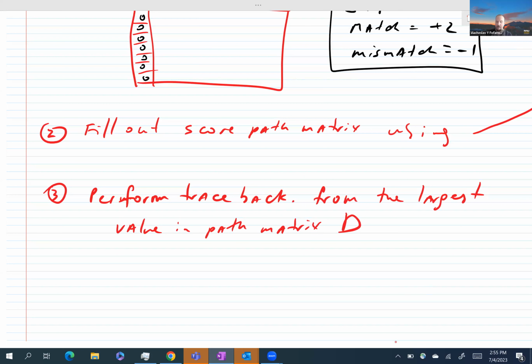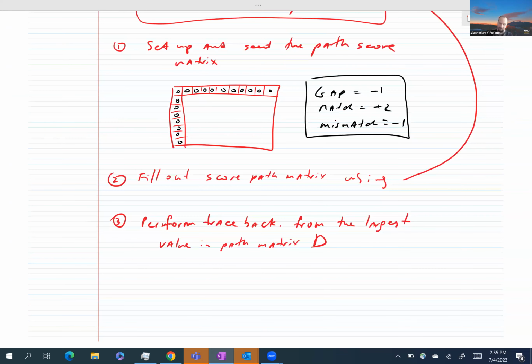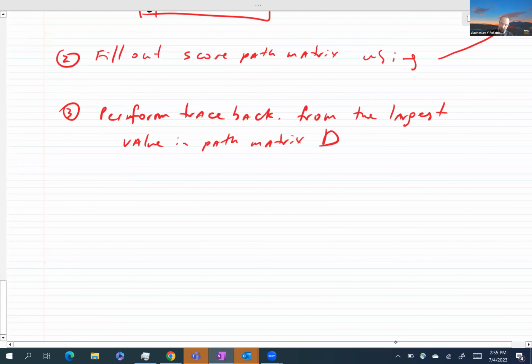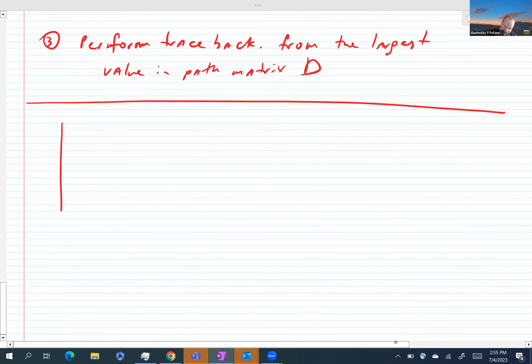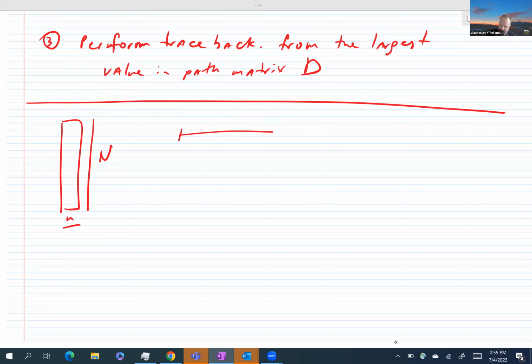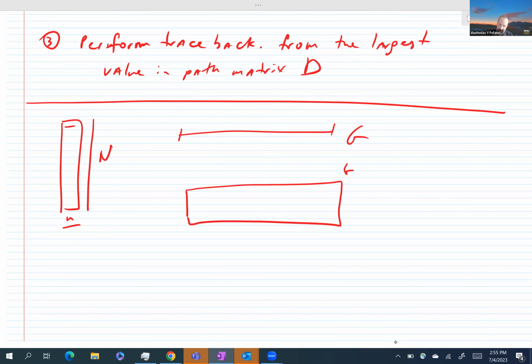Great. So now we have hopefully figured out how to implement the Smith-Waterman algorithm. What does that give us? Going back to the problem we're trying to solve: a whole lot of queries, specifically big N of them, little n length of the queries, and big G in the subject. If we wanted to compare the first of all our queries, we would need to create a Smith-Waterman matrix that is G by n characters in size, and then find the best traceback.